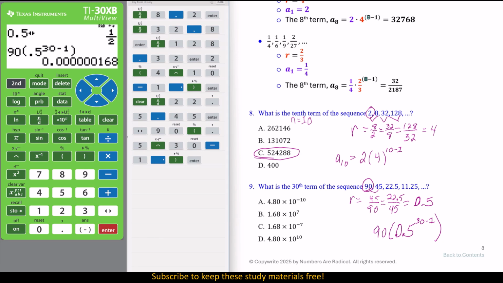Oh, goodness gracious. We will need that scientific notation. Okay, not a problem. You just follow along till you find your very first whole number that's not zero. So we need a decimal after that. So we need 1.68.